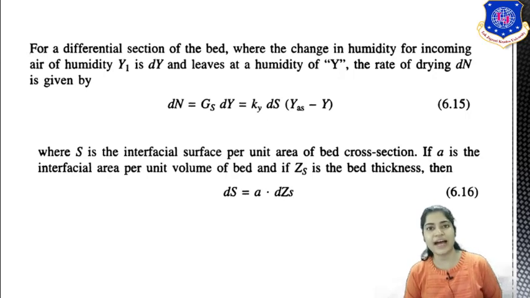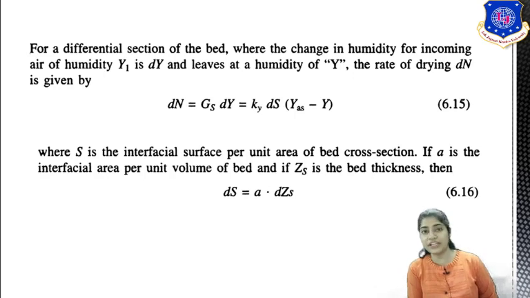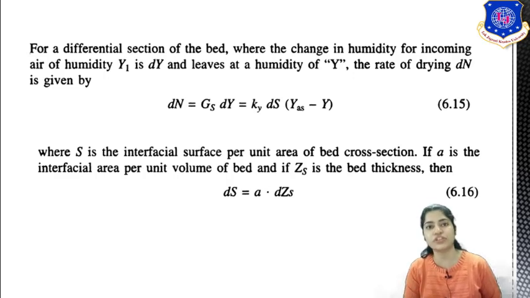So here you can see that dN, the rate of drying for that small section, is equal to Gs into dy. See here why Gs is coming, not dG, because you have already taken mass velocity of dry gas. You are not considering moisture in your velocity, hence Gs is constant, but dy is differential because your level of humidity is changing along the height.